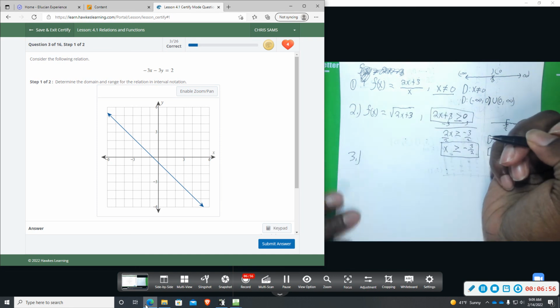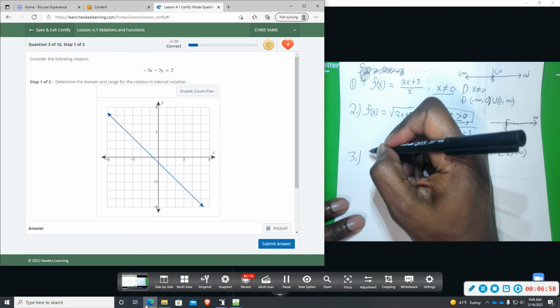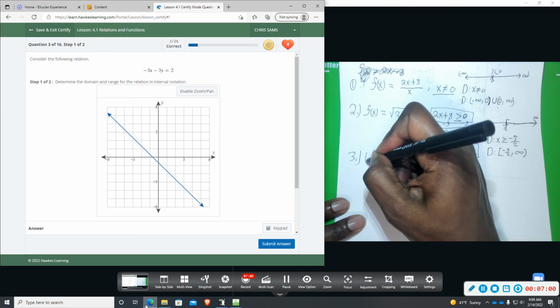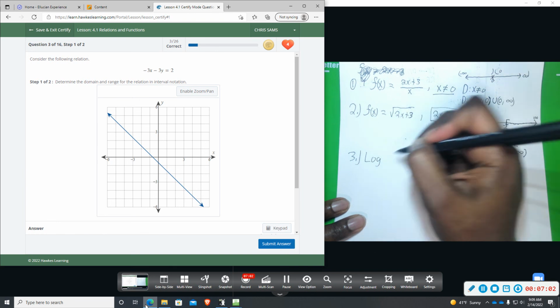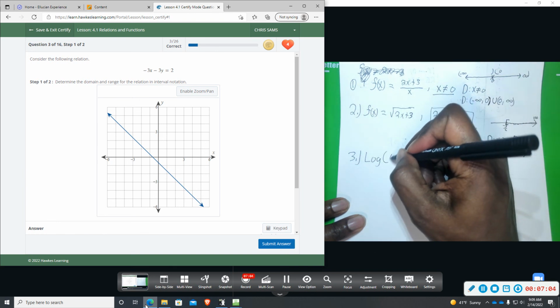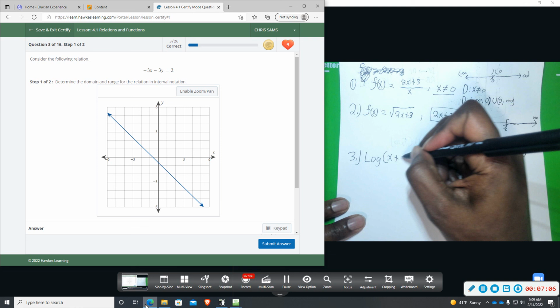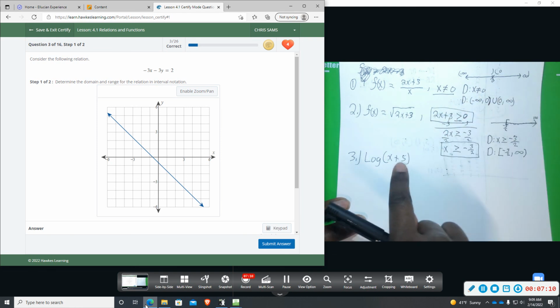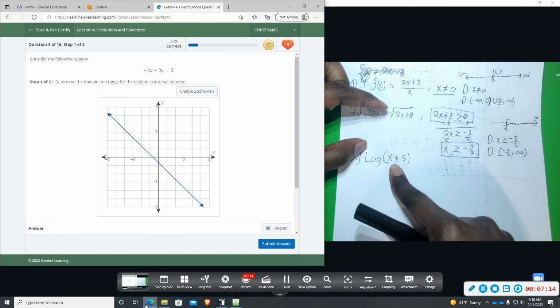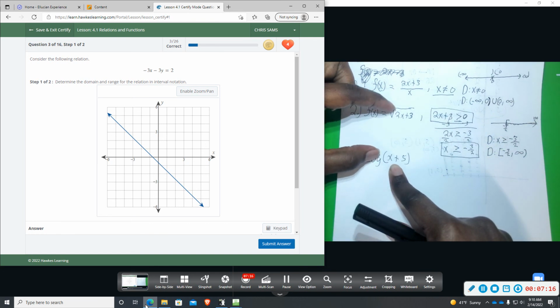if you have a logarithm, which we'll see later. If we got a log of, let's just say x plus 5, just to keep it simple. Whatever you're taking the log of, this has to be positive. Log is very much related to square roots or radicals.